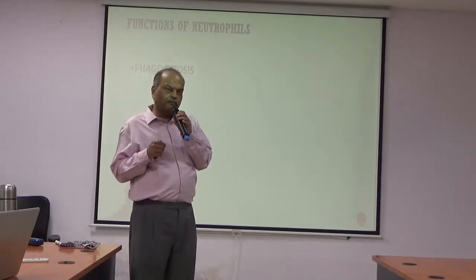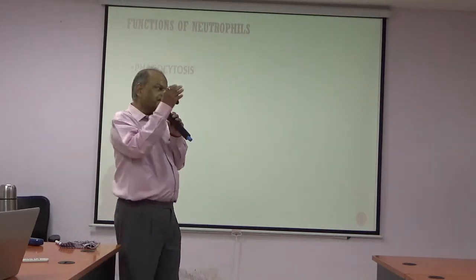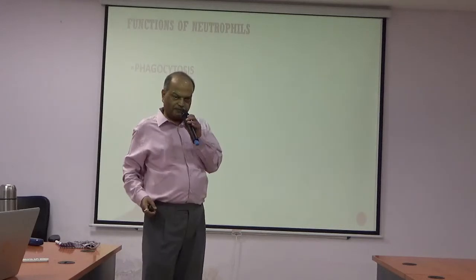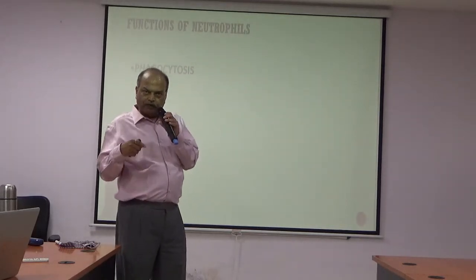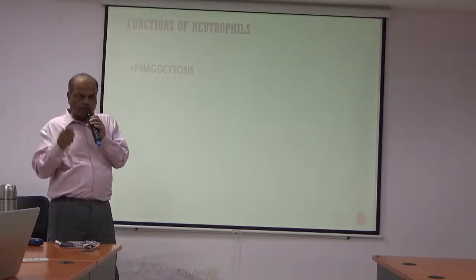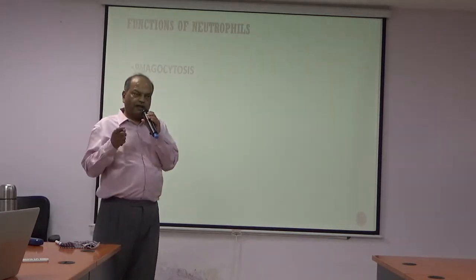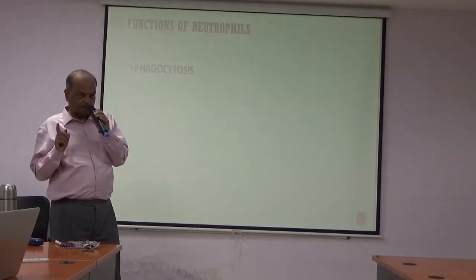And this C3 component has receptors on the neutrophils, and it will attach to those receptors, hence making those cells more prone to phagocytosis. This process is known as opsonization.